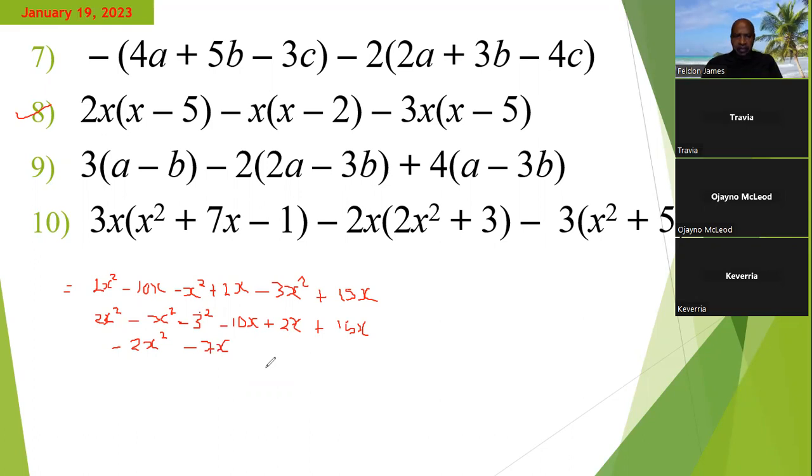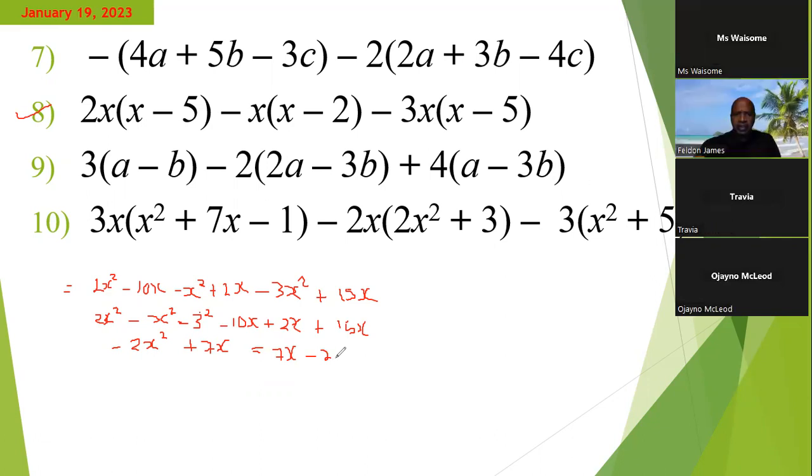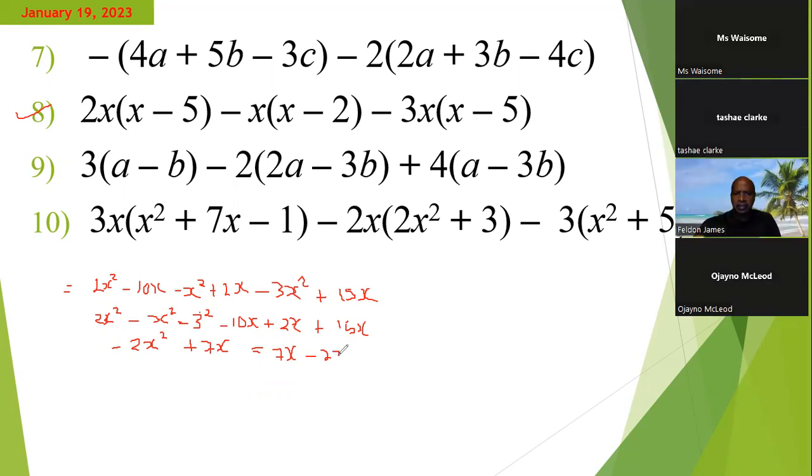Positive 7x. Oh, okay. Sorry. So this is supposed to be positive 7x. So your answer is positive 7x minus 2x squared. All right. Did anybody else get the same result as Mr. Arjuna? Yes, sir. Anybody else got the same answer?